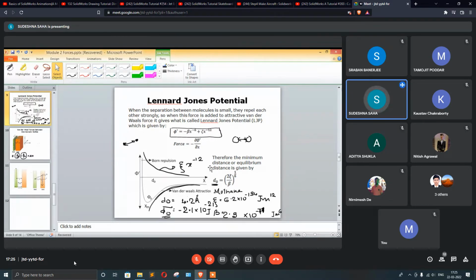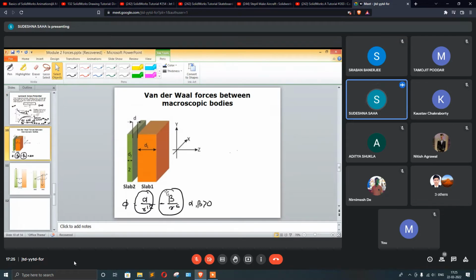But now we are trying to simplify this equation in a way that phi equals minus beta by r to the power 6 when r is greater than d naught, and phi equals infinity when r is less than or equal to d naught.